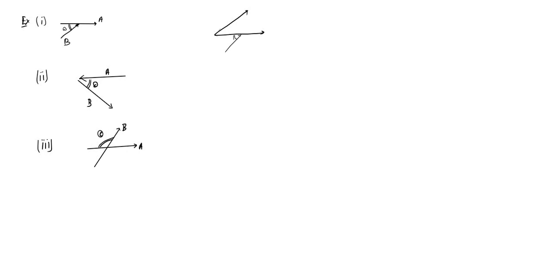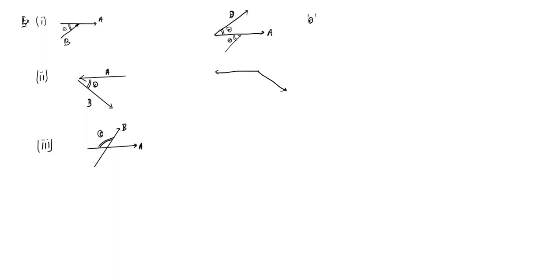If this angle is, let us say, theta, in that case this angle is also equal to theta. So if this vector is A, this vector is B, angle between vector A and B is theta. So here answer is theta. Now in this example, if we join these two vectors from tail to tail, we will get this is vector A and this vector will be B.